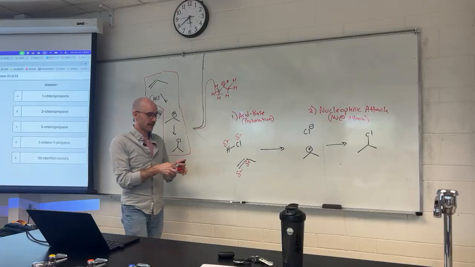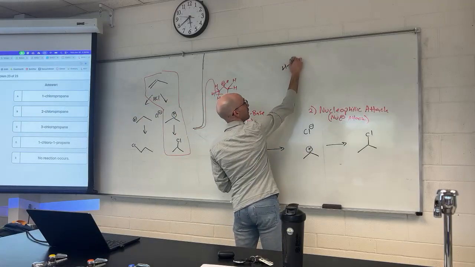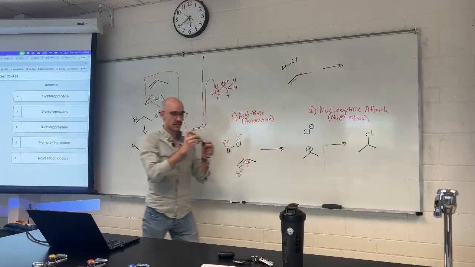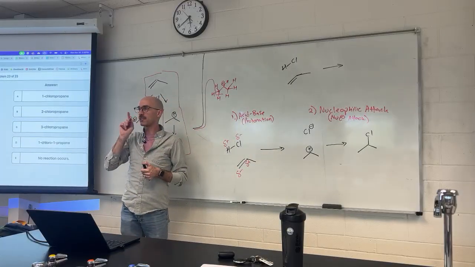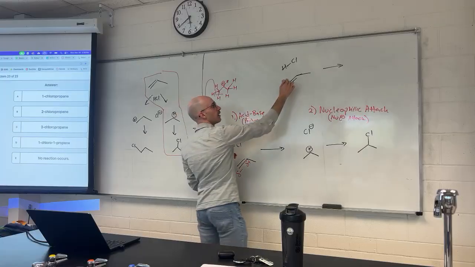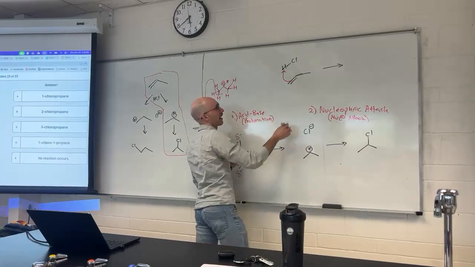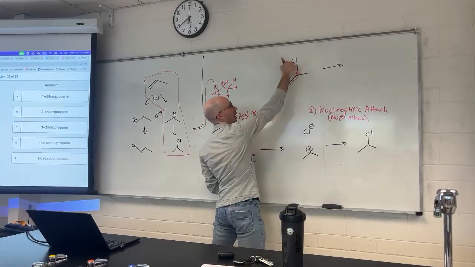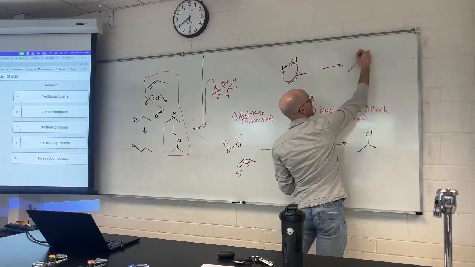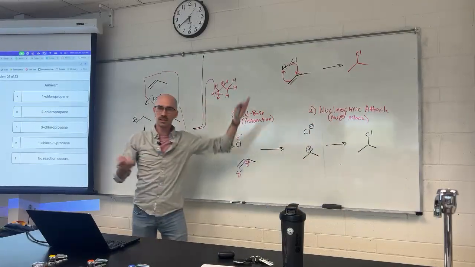There is a way for you as a student to take this structure and show it happening in 1 step. Pushable. The alkene attacks the hydrogen, the chloride takes the bonded electrons and attacks the alkene. Look, I did it.